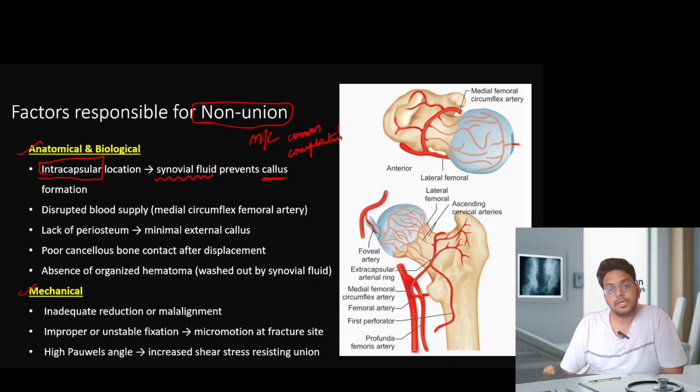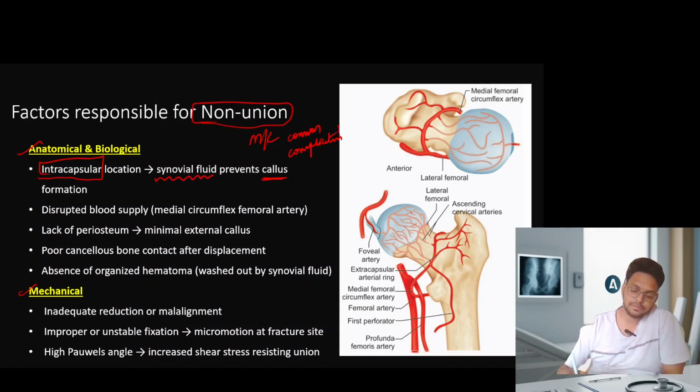Please tell me what are the stages of fracture healing? There are 4 stages of fracture healing, right? 4 or 5? There are 5 stages of fracture healing. Number 1 is the stage of hematoma, the stage of granulation tissue.